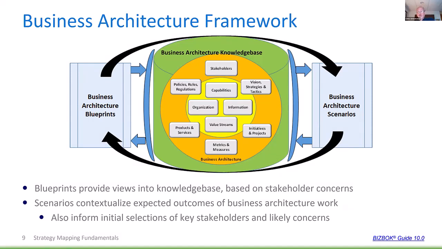One of the other pieces of guidance that the BizBot Guide provides is a set of business scenarios. When we're trying to articulate why executives need to care about business architecture, there's a whole bunch. I think there's about 12 scenarios in the guide about what circumstances your business might encounter when it should seriously be thinking of business architecture as a tool to help achieve those outcomes.